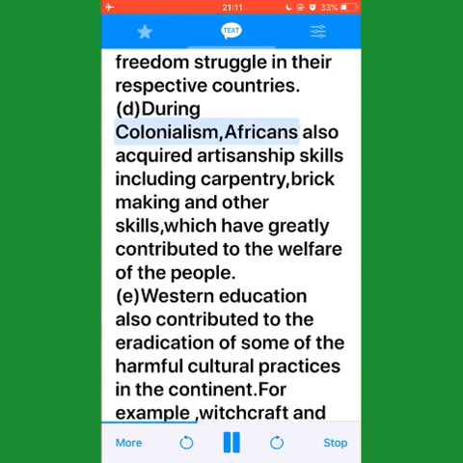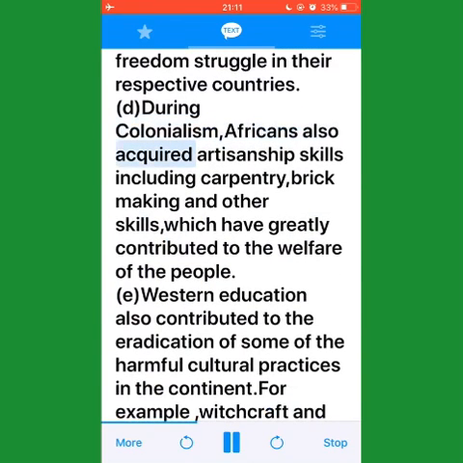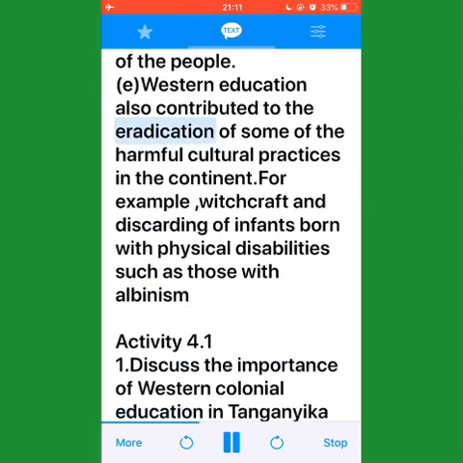D. During colonialism, Africans also acquired artisanship skills including carpentry, brick-making and other skills, which have greatly contributed to the welfare of the people. E. Western education also contributed to the eradication of some of the harmful cultural practices in the continent, for example, witchcraft and discarding of infants born with physical disabilities such as those with albinism.